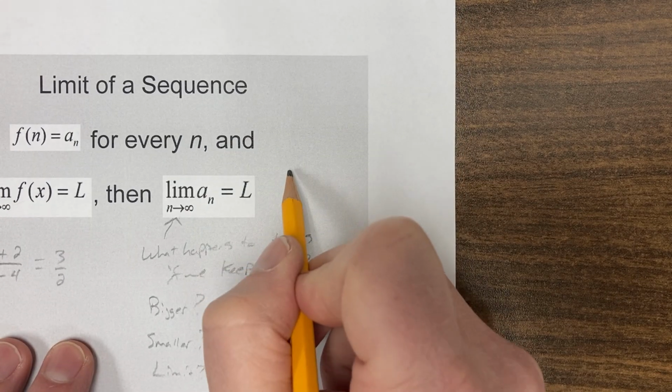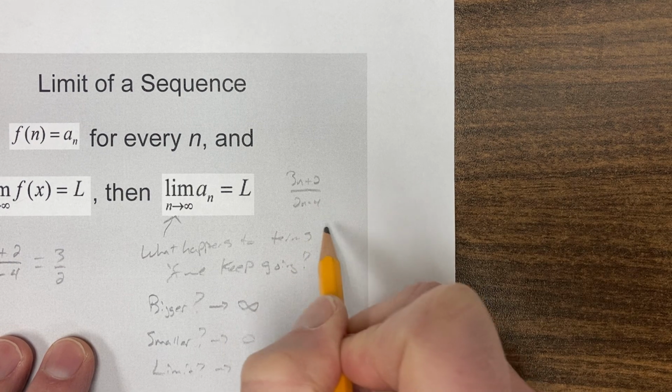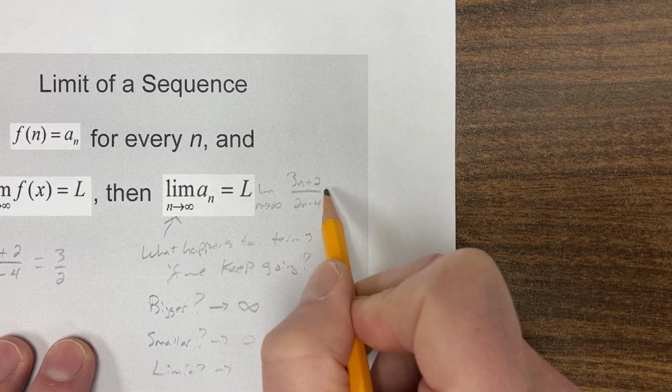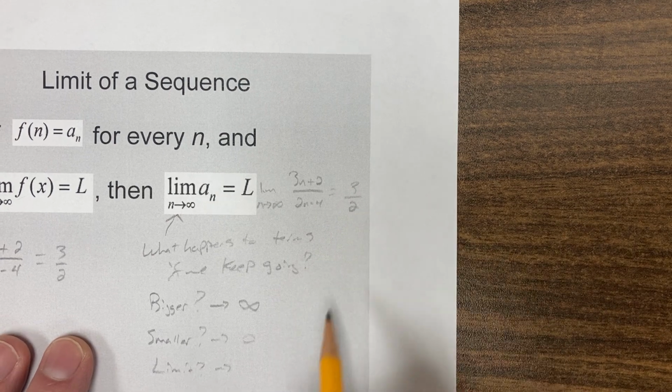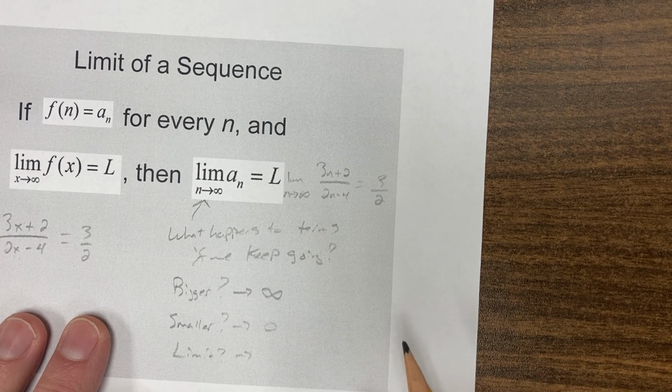Well, so if I had 3n plus 2 over 2n minus 4, and I let n go to infinity, well then that's also going to go to 3/2, right? That kind of makes sense that those would behave in the same way.